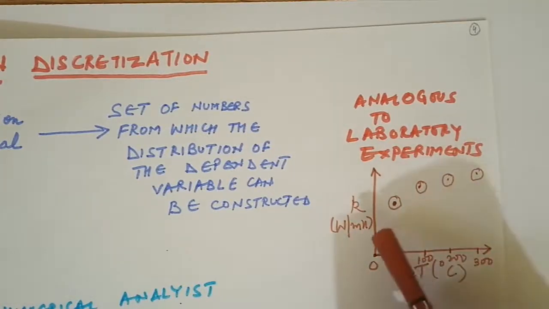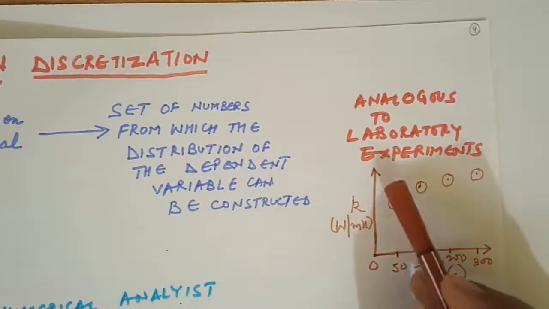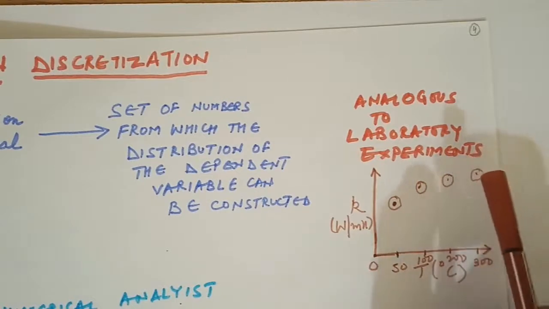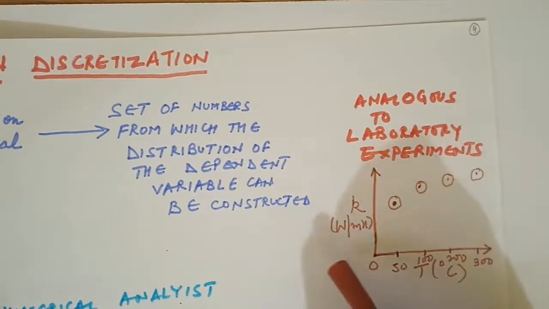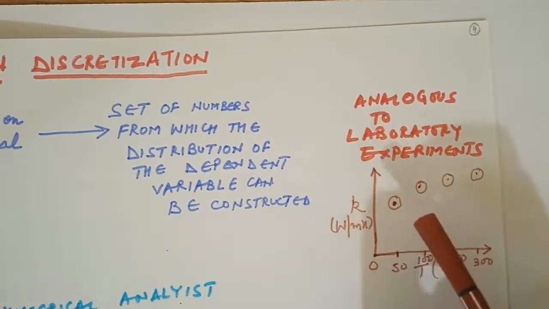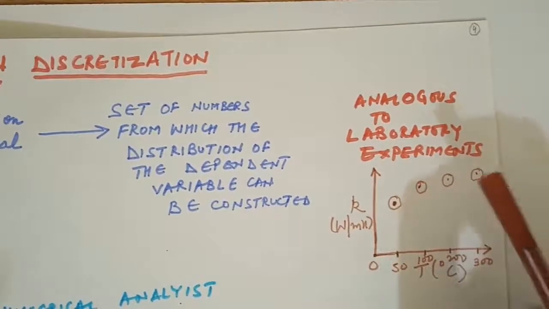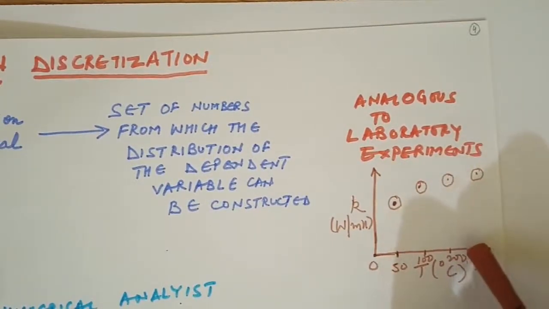Alternatively, what I will do is find out conductivity at discrete values of temperature. So being a numerical analyst or an experimentalist, I will have to convince myself that I will be only getting the result at discrete values of the independent variable.